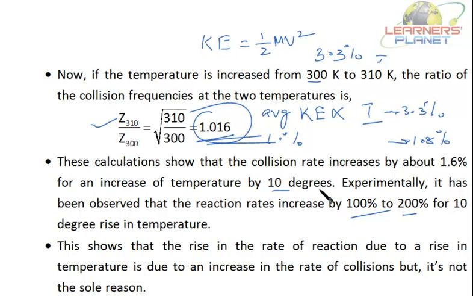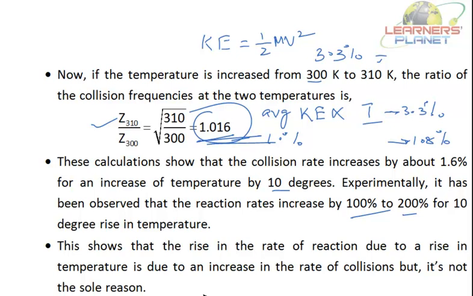So the molecular speed with a 10 Kelvin rise in temperature rises by about 1.8%. The corresponding increase in the number of collisions among the reacting species will also be the same. And if we calculate it from the collision frequency, that also comes out to be some 1.6%. What is collision frequency? It is the number of collisions taking place per second per unit volume of the mixture.